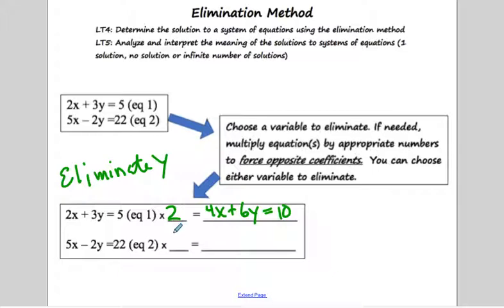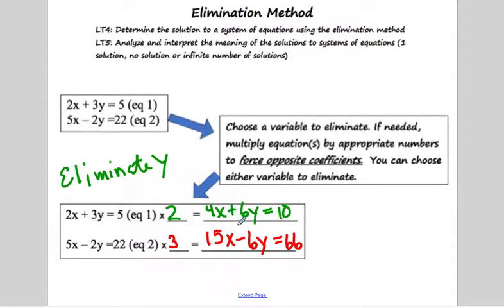I want opposites, meaning one positive, one negative. To make a 2 into a 6, we multiply the bottom equation, our equation 2, by 3. This gives us 15x minus 6y equals 66.